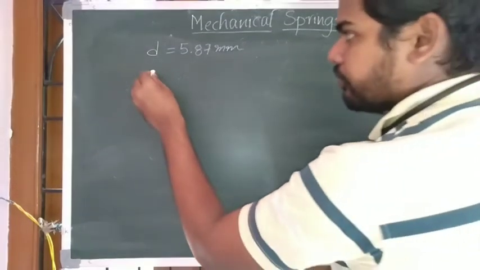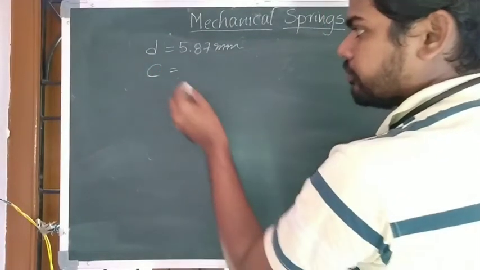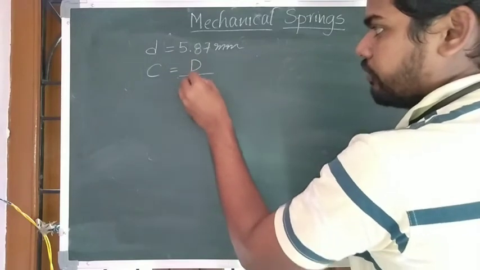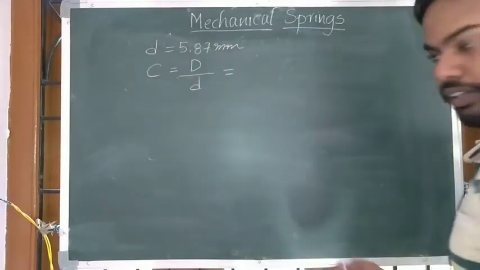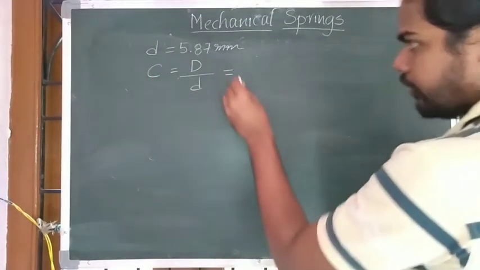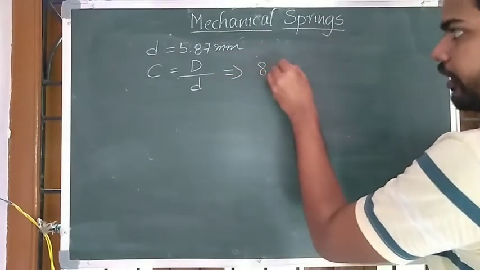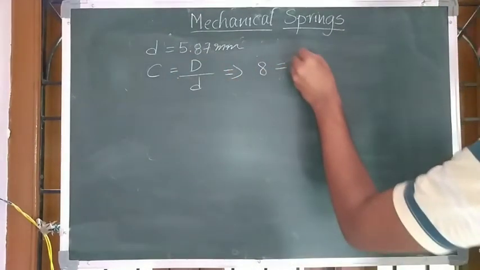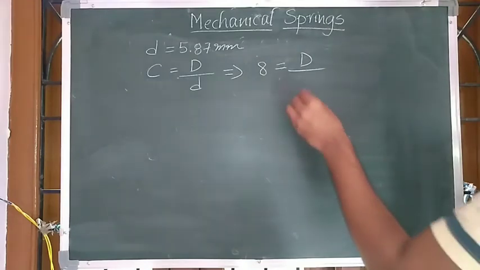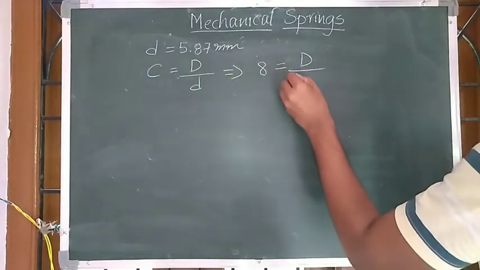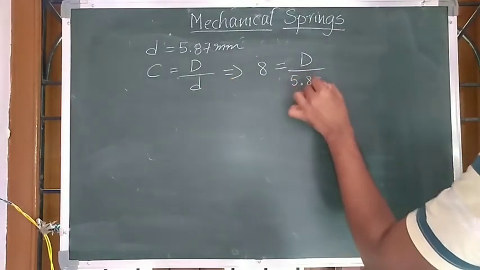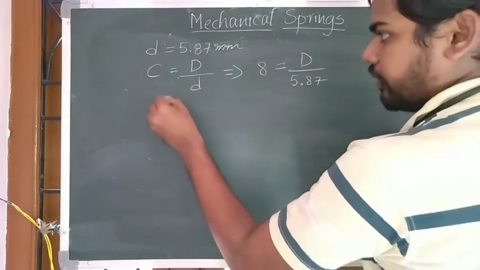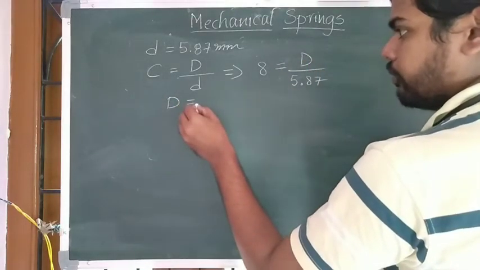We know that spring index C is equal to the ratio of mean diameter D by wire diameter d. We have the value of C, spring index, 8, D divided by small d, and small d value is 5.87.